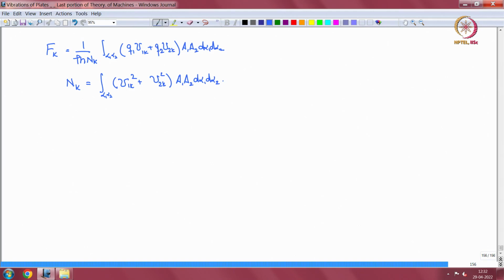So that is how Fk and Nk change with the type of system and the choice of displacement that we want to look at.